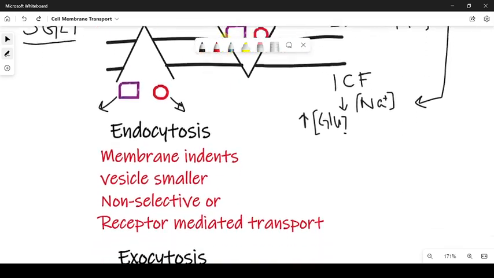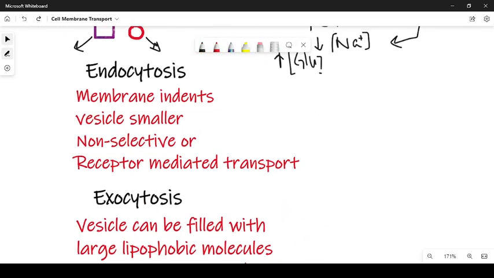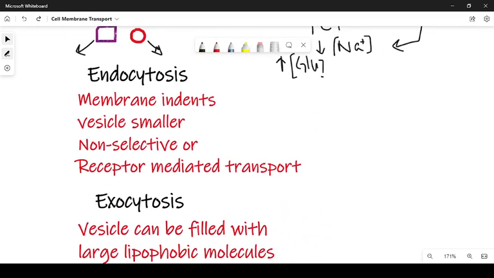Next we have endocytosis. Endocytosis is a vesicular active transport. In endocytosis, the membrane indents, makes a vesicle, and takes it into the cell. So for example, there's a line, this one is the membrane.